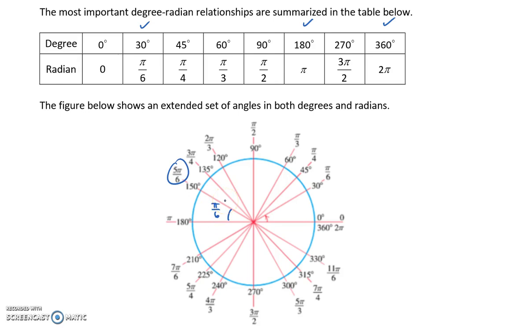So you can see that an angle associated with a 30-degree acute angle has a radian measure that is a multiple of pi over 6, which is equivalent to 30 degrees. These acute angles are called reference angles.